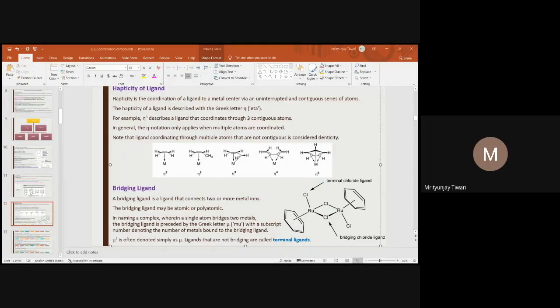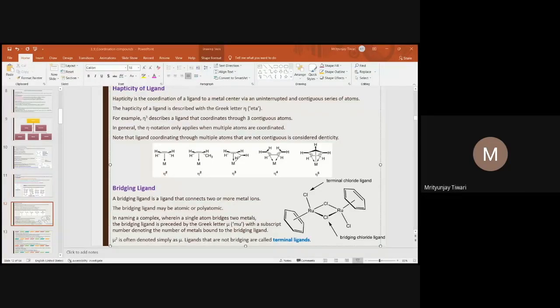So this chlorine is mu2. Mu2 means it is coordinated to two metals. If it is coordinated to three metals, then it will be represented as mu3. Just remember, this is mu, this is eta.